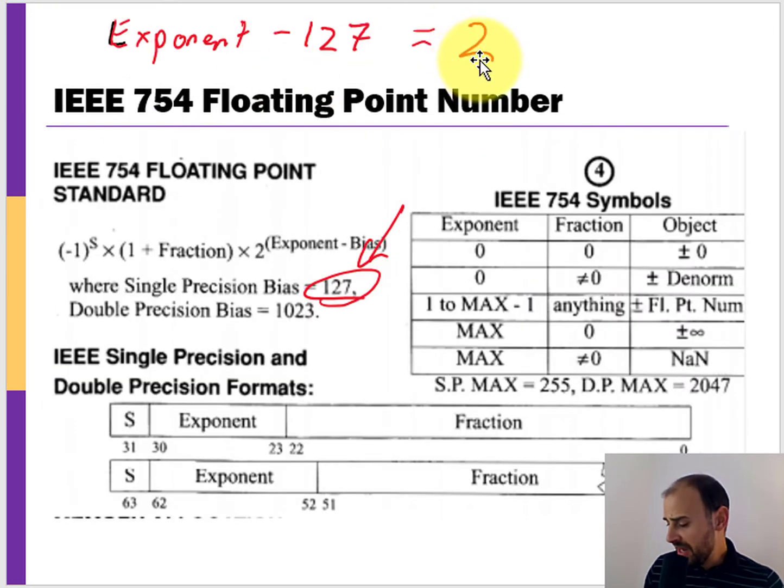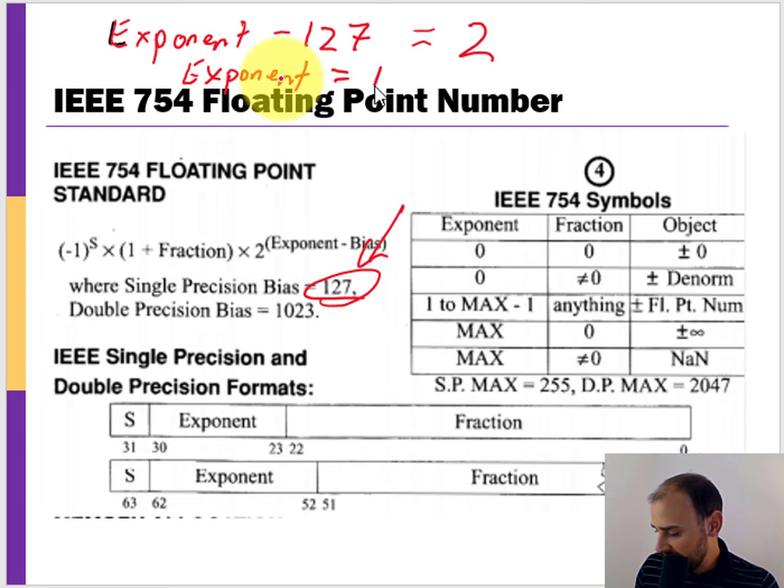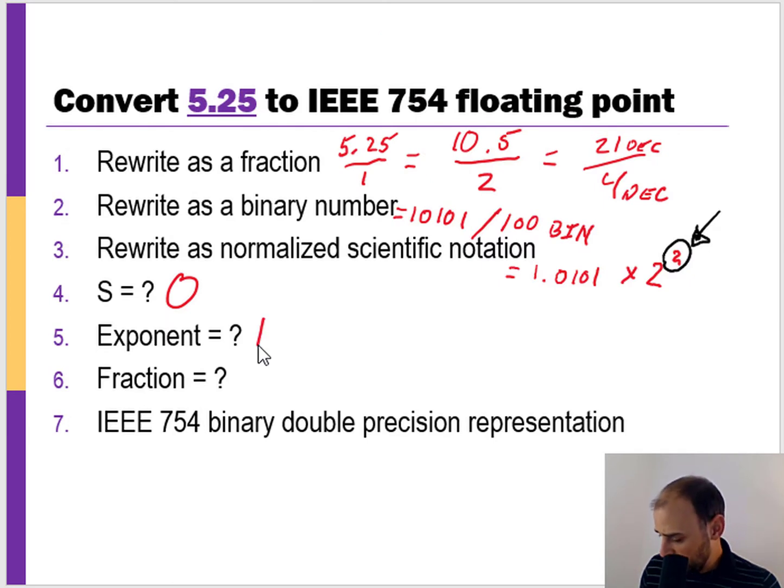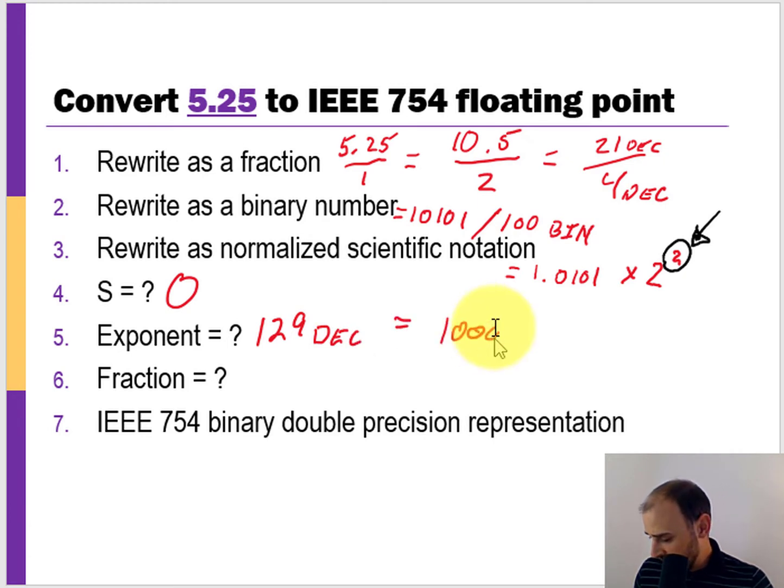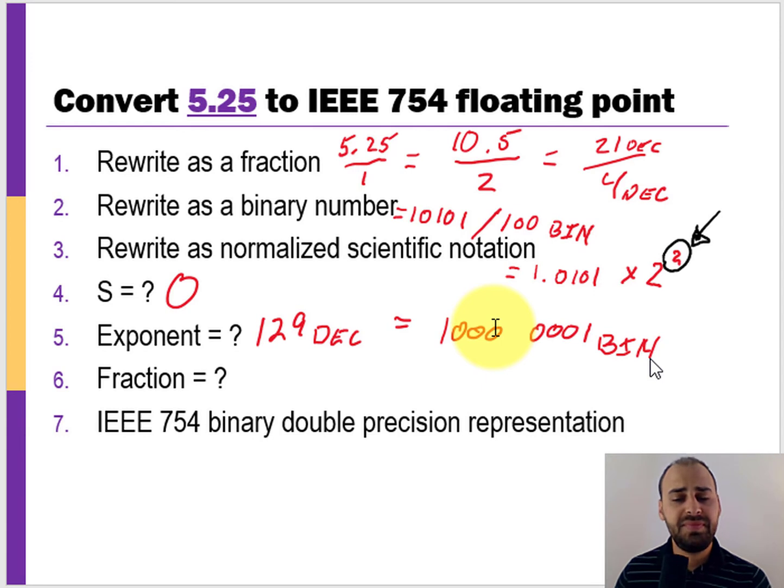So the exponent has got to be 129. The exponent is 129 in base 10, and if we were going to write that in binary, it's going to be the following, in binary.